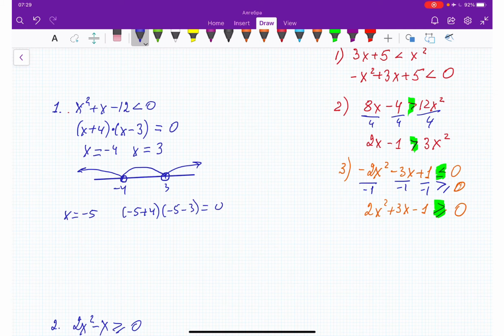I mean, we need to find out. Okay, so negative 5 plus 4 is negative. Negative 5 minus 3 is negative. Negative times negative is going to give us positive, right? So here we get a positive number, which is greater than 0.